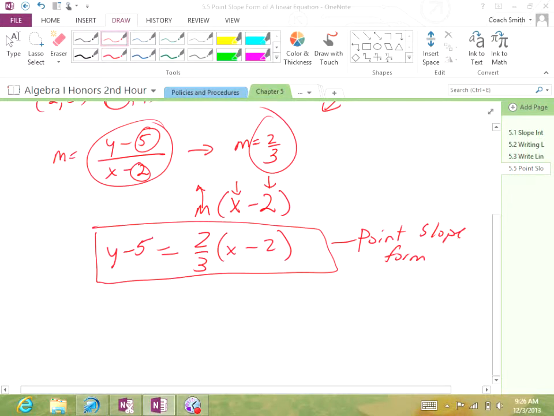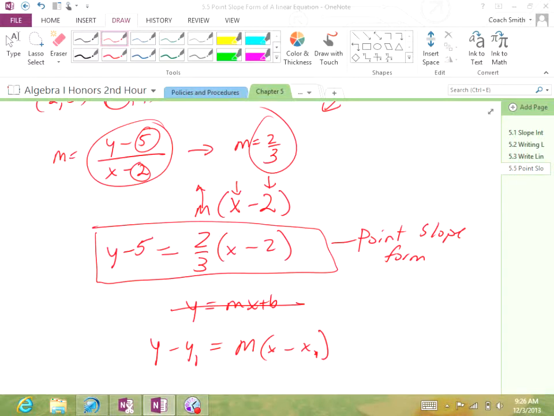Now, y equals mx plus b is the slope-intercept form with none of the numbers plugged in. What the point-slope form is with none of the numbers plugged in is this right here. You really don't have to concern yourself about how we came up with it, just need to understand what it is.